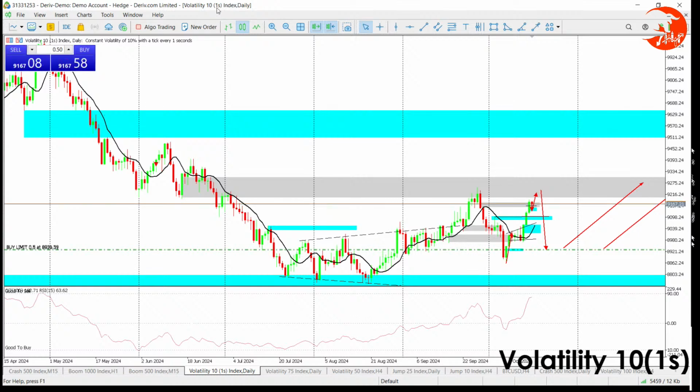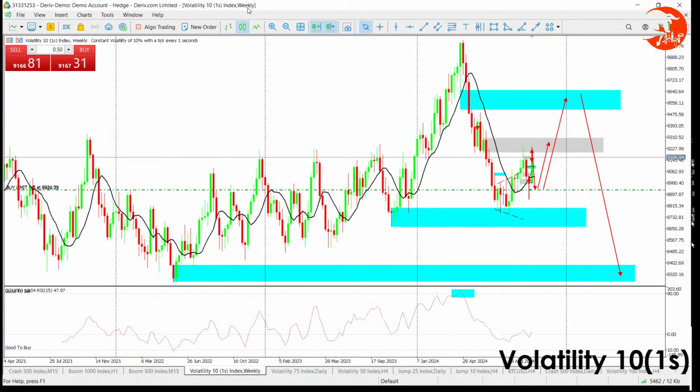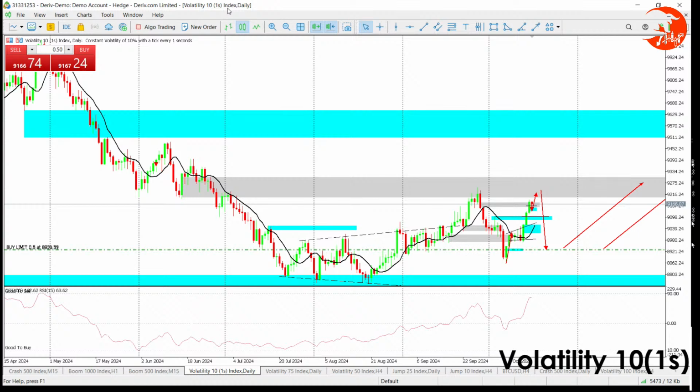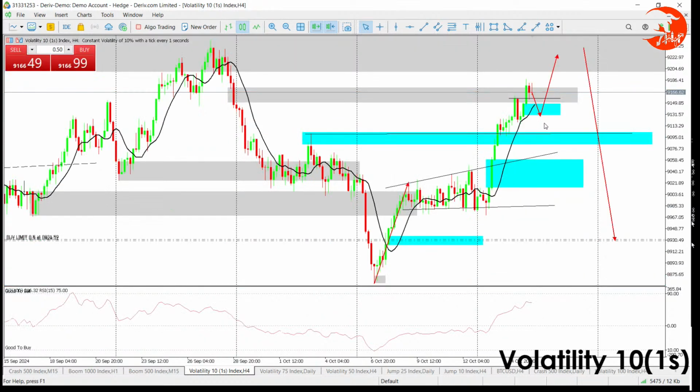According to daily, according to H4, and according to weekly, we've been waiting for sells. So now H4, we're going to anticipate a pullback. Of course, this is all liquidity left back, but I don't expect it to come again back here.